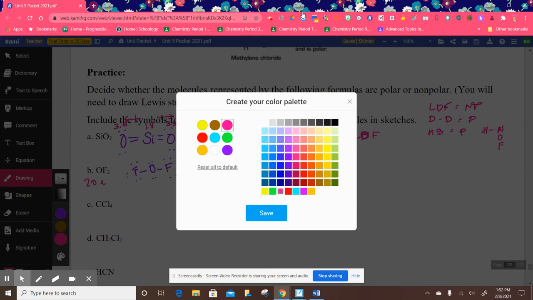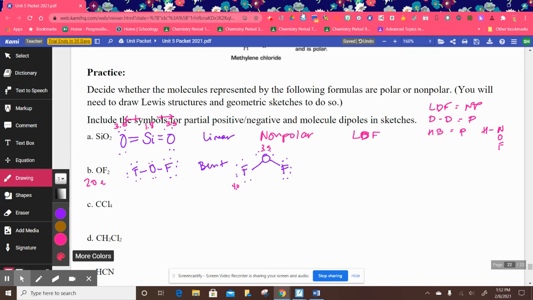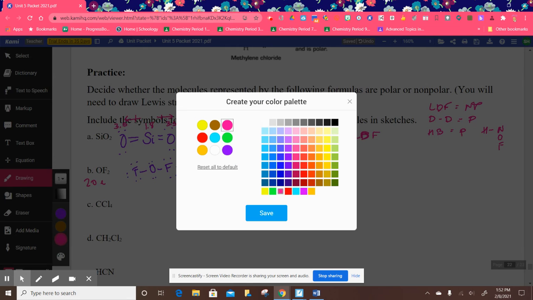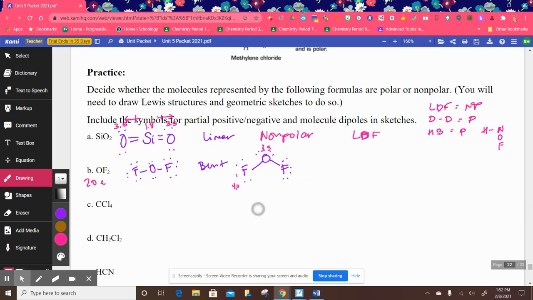So overall, I'm going to draw in a polarity vector. I'm going to need a different color to do this. Let's go with this bright blue. Okay. Oh, there it is. Okay. So I'm going to draw in a polarity vector showing that the pull of the electrons is toward the fluorine side. So I have a partial negative here and a partial positive on this end.